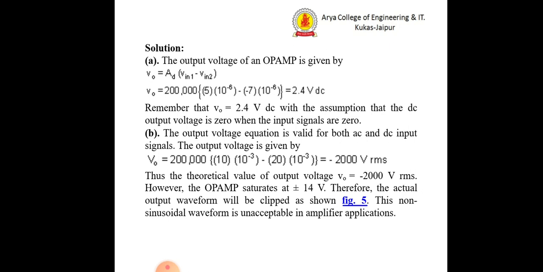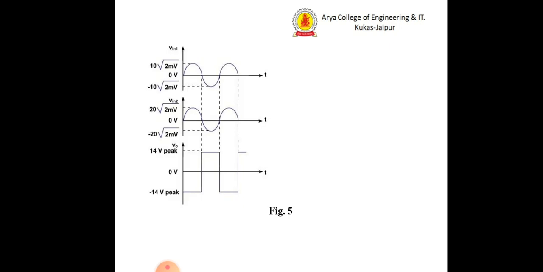The theoretical value of the output voltage we have found out, and the op-amp saturates at plus minus 14 volt. Therefore, the actual output waveform will be clipped as shown in figure 5. See figure 5. The VIN1 has been shown, VIN2 has been shown, and VOUT, you can say it is clipped.